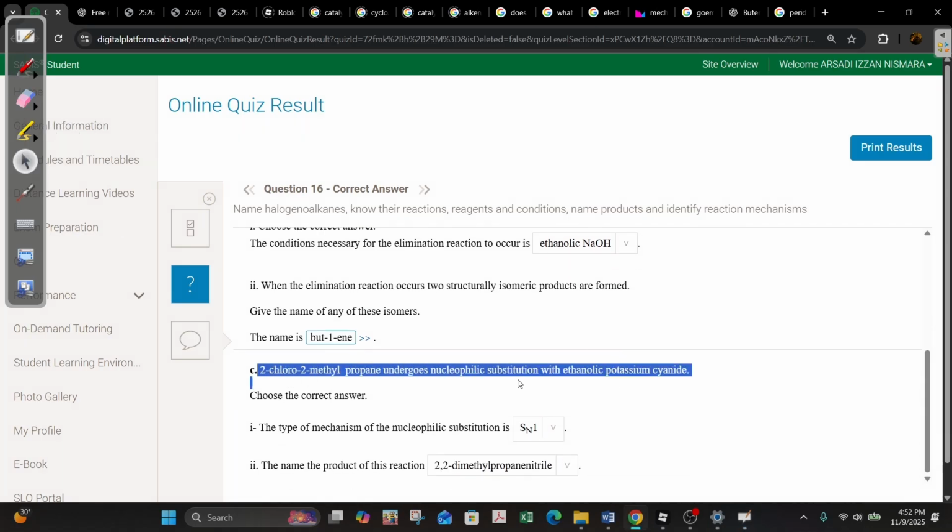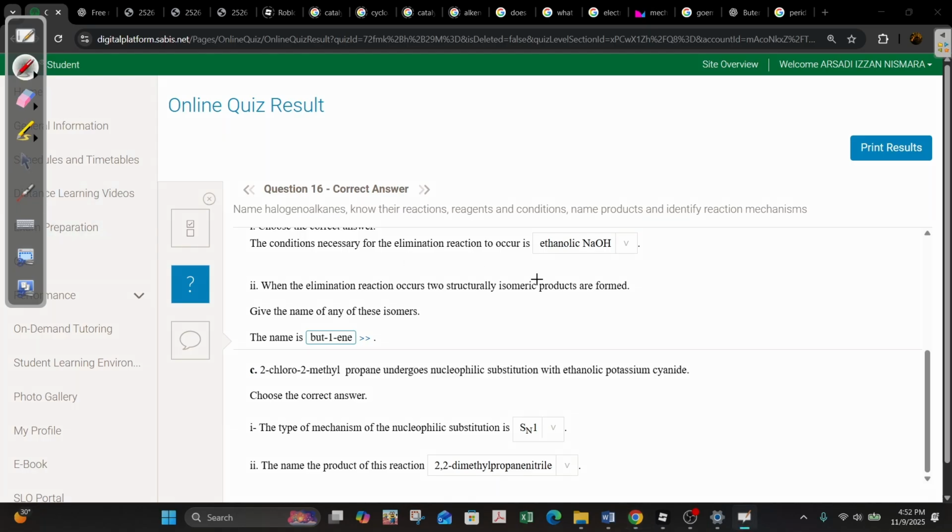2-chloro-2-methylpropane undergoes nucleophilic substitution with CN. Okay. Let's draw the compound first. Propane, yes, propane. So it's Cl, 2-chloro. Oh yeah, there we go. So 2-chloro-2-methylpropane and ethanoic KCN.